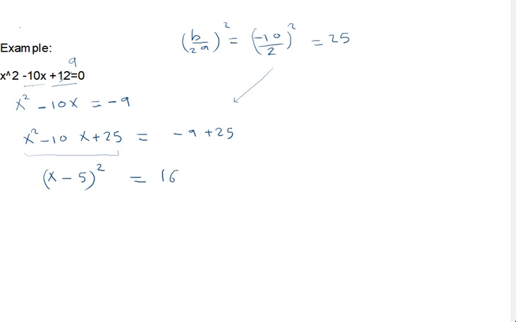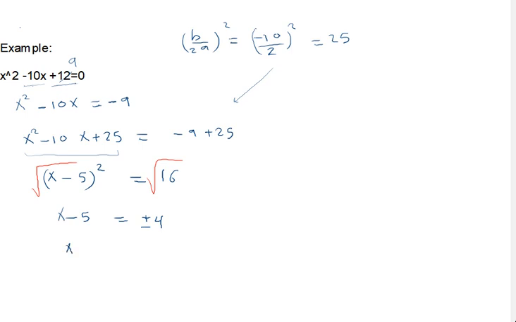Now, if we take the square root of both sides, then we will get x minus 5 equals plus or minus 4. So I have two solutions.